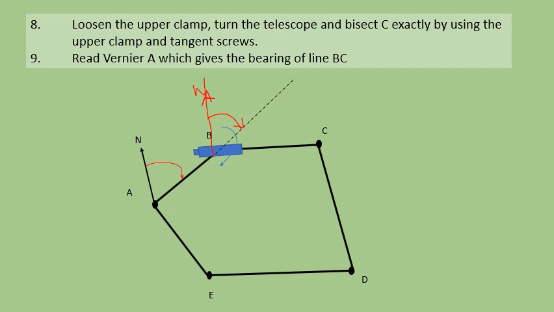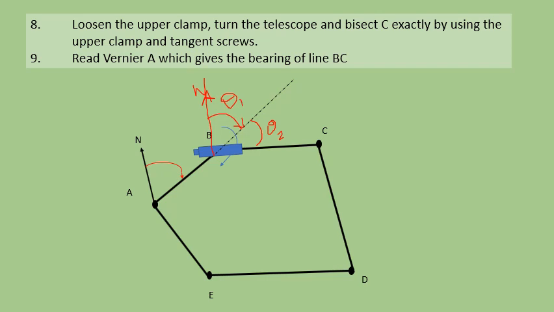Now you have turned the telescope by loosening the upper clamp through some angle, say theta 2. So initially you had theta 1, now you have theta 1 and theta 2.